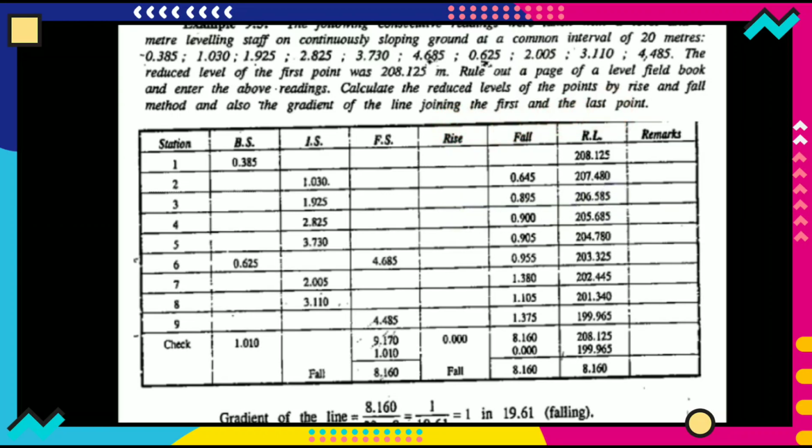Gradient means slope. So an important thing in this question, you can see these readings keep increasing. This is more than the previous one, again increases, again increases, again increases, but here the reading is decreased.